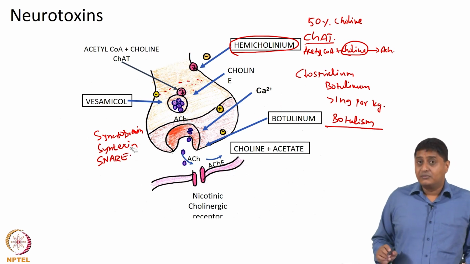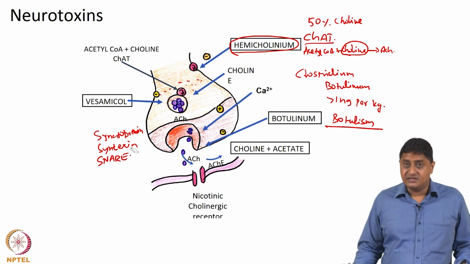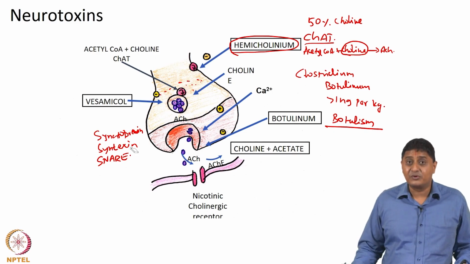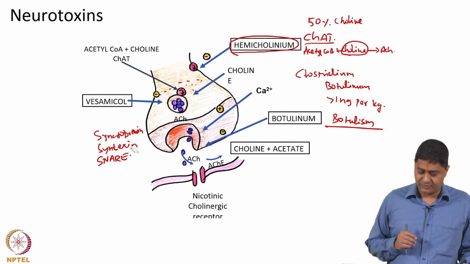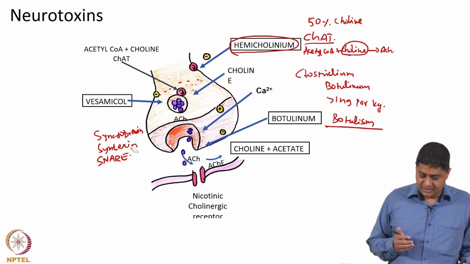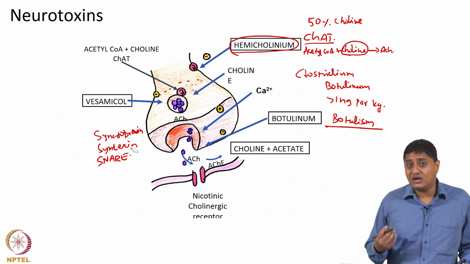Okay. What botulinum toxin does is it prevents the ability of these SNARE proteins to interact. Basically, it cleaves the SNARE proteins. Then the vesicles can no longer fuse with the membrane and exocytose the acetylcholine.